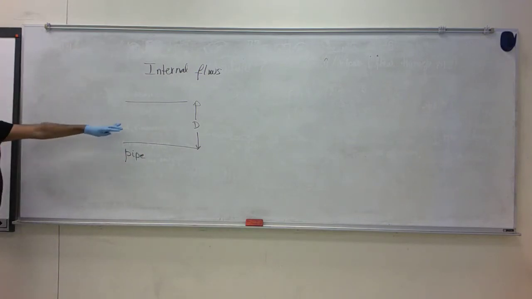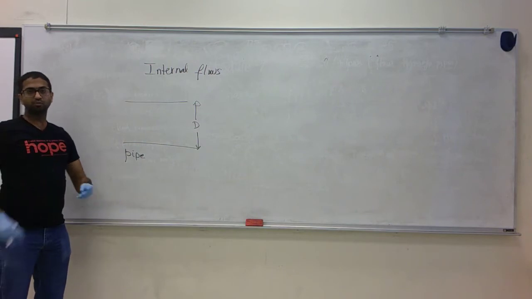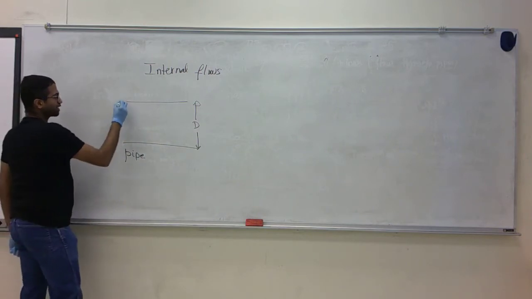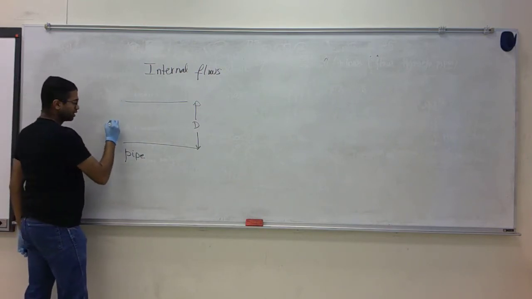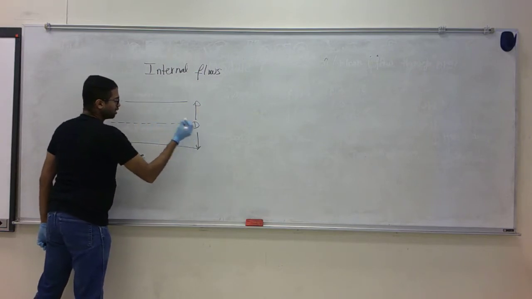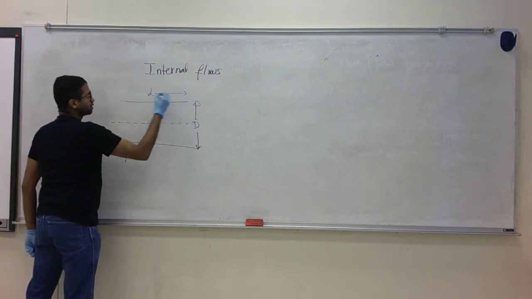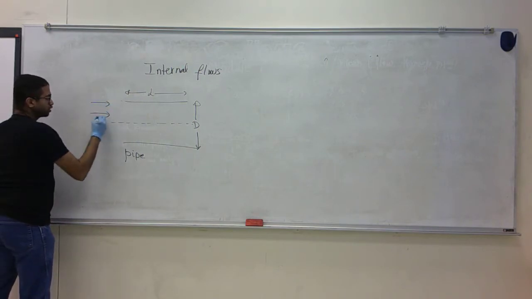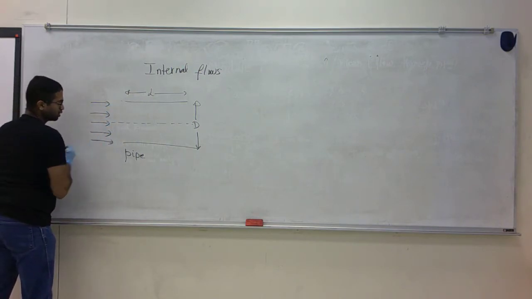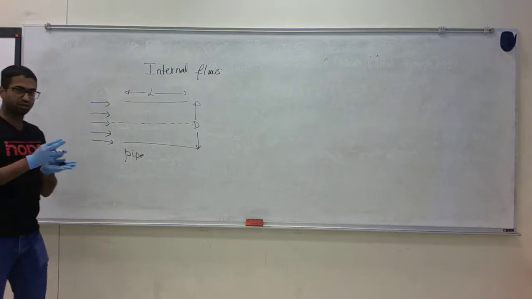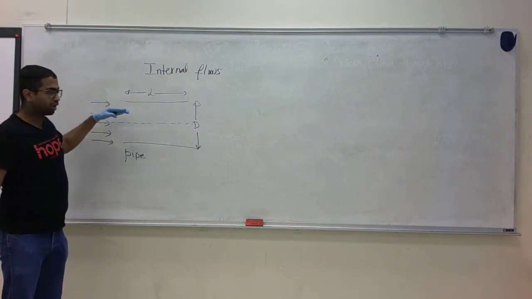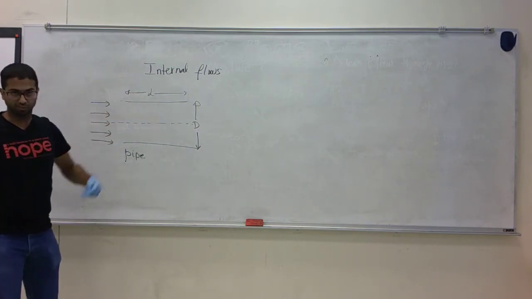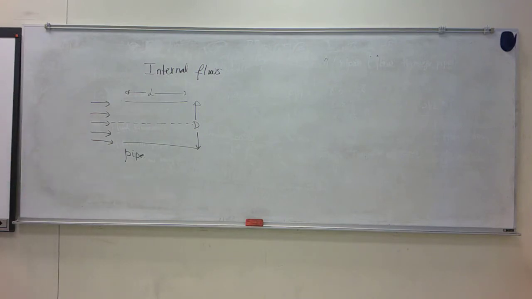So depending on what it is, it could be a pipe or a tube, but the general idea is you have some kind of a cylindrical structure which has a length and diameter, and flow is going through this internal structure, or through the insides of the pipe. Okay, that's why we call it internal flows.